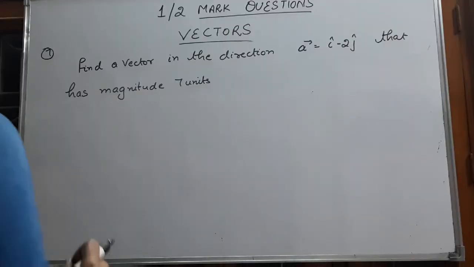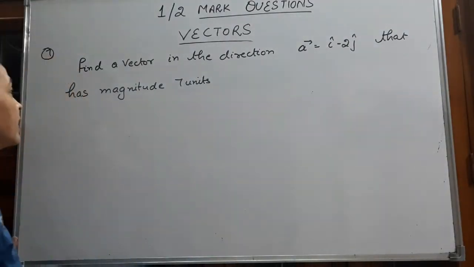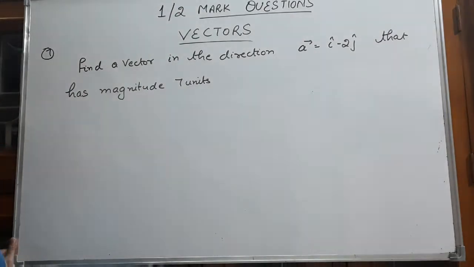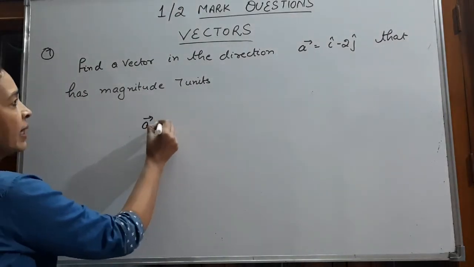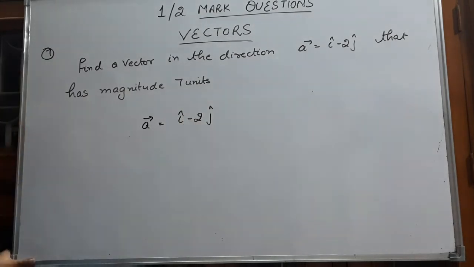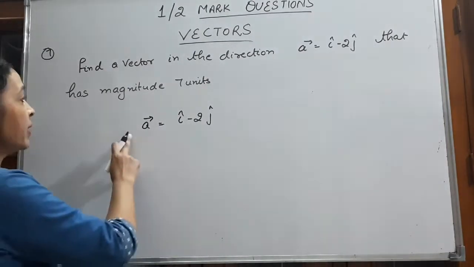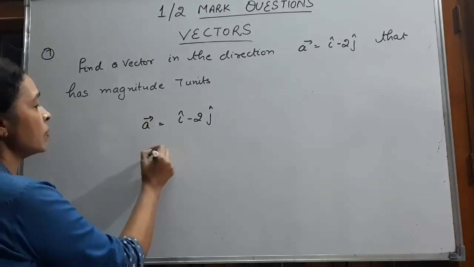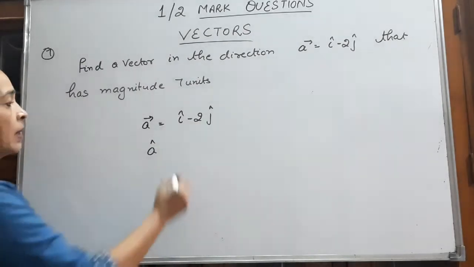Find a vector in the direction of vector A, I minus 2j, that has magnitude 7 units. We have vector A as I cap minus 2j cap. Now, we have to find a vector whose magnitude is 7 units. First, we will find A cap.